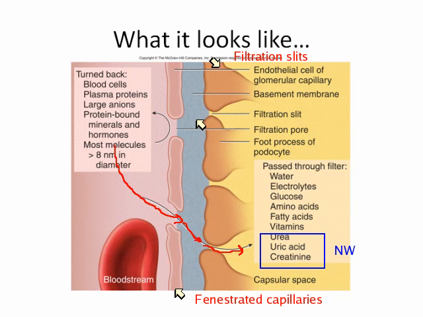Water should not be a biggie. And a lot of the substances that you see listed right in this area, the electrolytes, the glucose, the amino acids, the fatty acids, and the vitamins, eventually will all become reabsorbed.